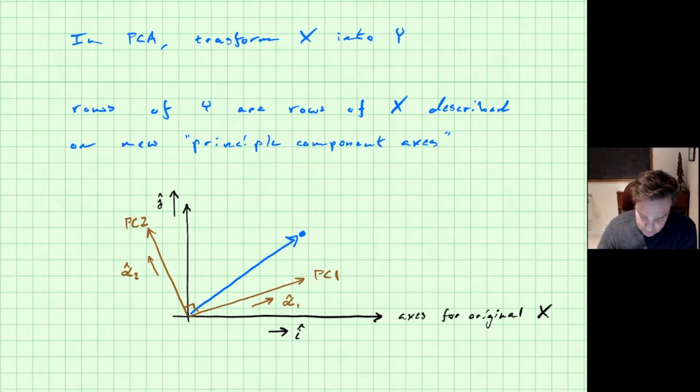Now, remember these axes share the same origin because we're using the centered data. You can do this without centered data, but you have to add a step. That step doesn't really change any of the important rules and theorems we're going to find.